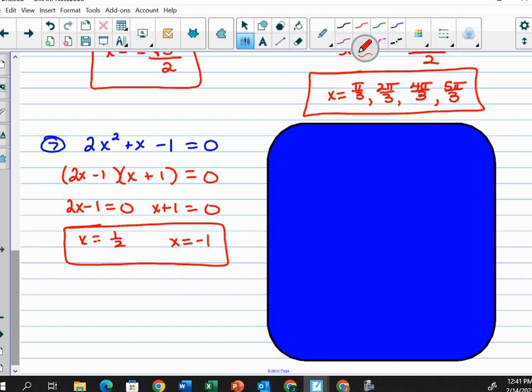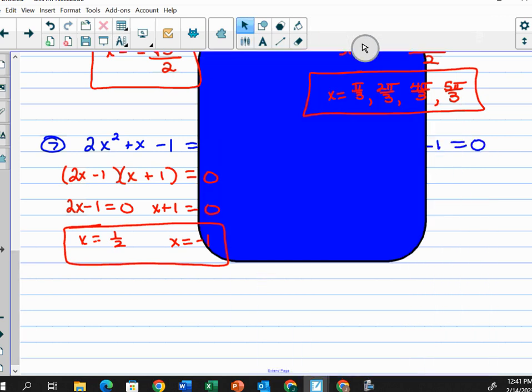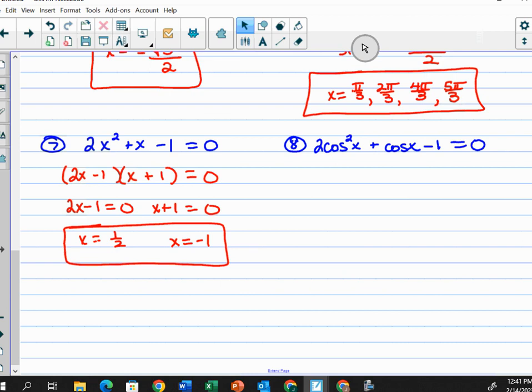Okay. So let's try that same idea, but with cosines. Again, we did number 7 on purpose to lead you through number 8, okay? It should help you. It should help you a lot.